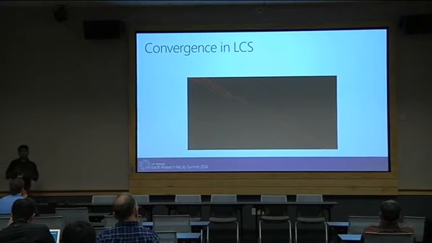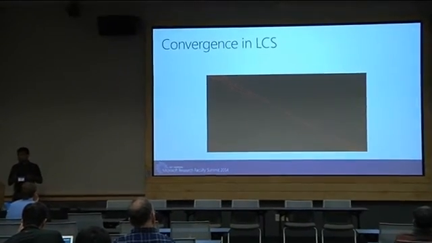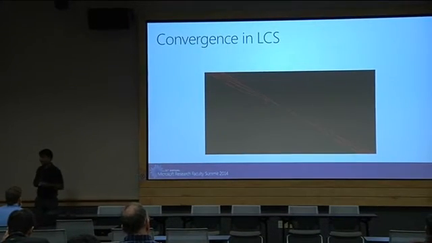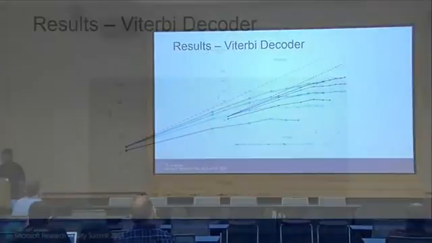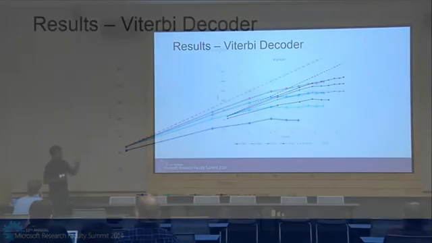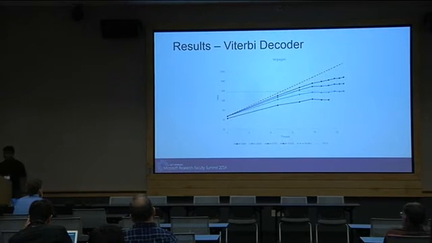So we use this structure to do the all pairs shortest paths as efficiently as the single source shortest path. Based on this technique, we get really good speedup. This is the speedup over a software Viterbi decoder on multiple cores, and as you can see, we are getting very close to a linear speedup.